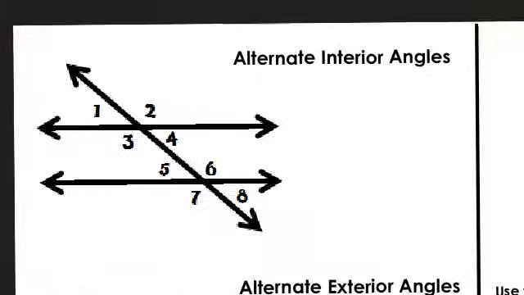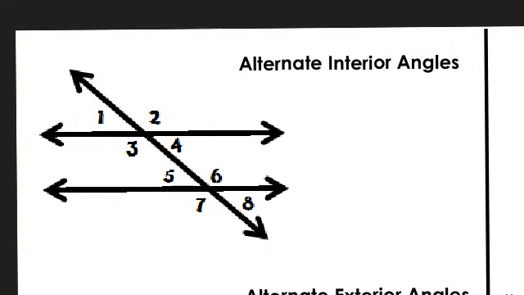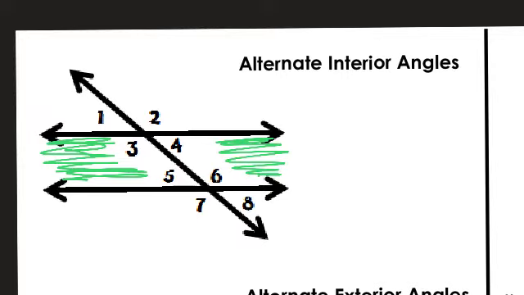Okay, let's start by focusing on alternate interior angles. So when we talk about the interior of something, we're talking about what's inside. And what's inside here are four angles: angle 3, angle 4, angle 5, and angle 6, because angles 1 and 2 and 7, 8 are on the exterior of the parallel lines. And if we're going to alternate interior, we're looking at the angles that are on the opposite side of the transversal.